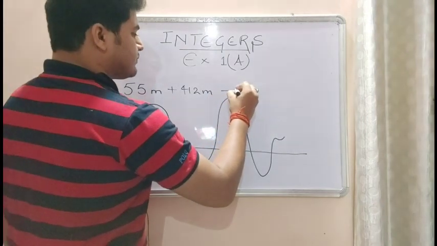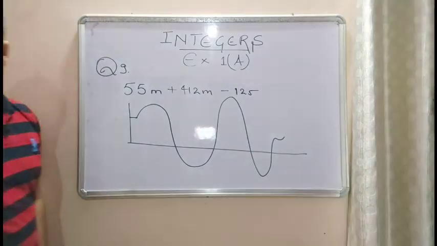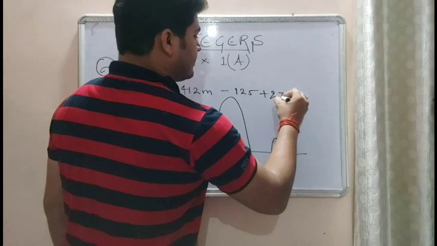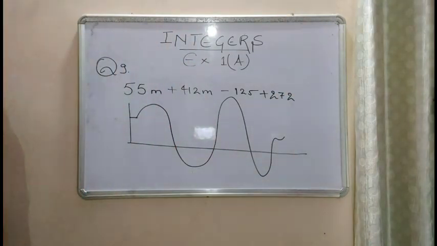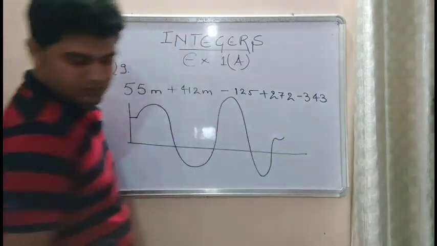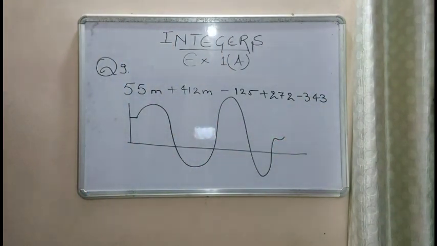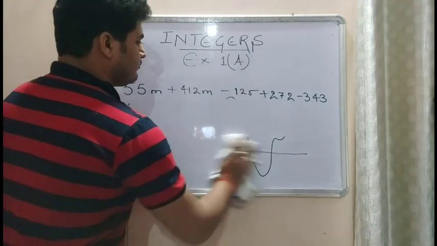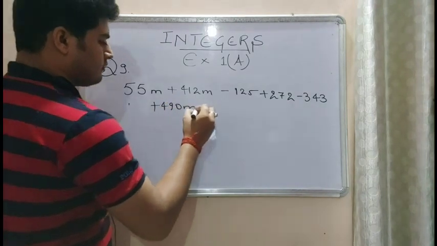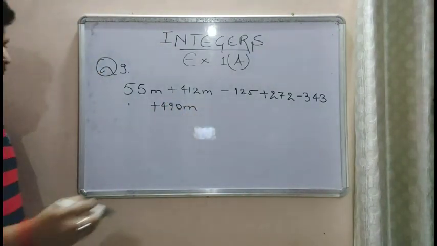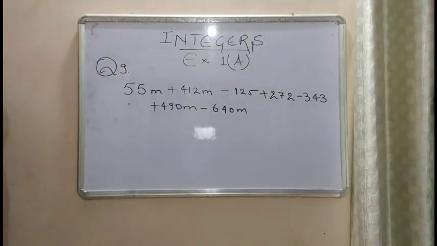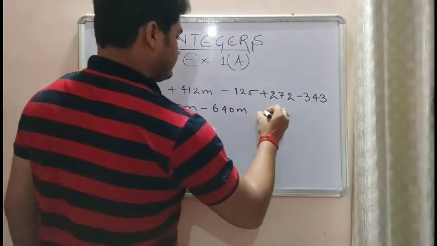Then minus 125 meters, that is the negative side. Then 272 meters on the positive side. Then minus 343 meters on the negative side, and then 490 meters on the positive side. Then minus 640 meters on the opposite side, and then 50 meters.